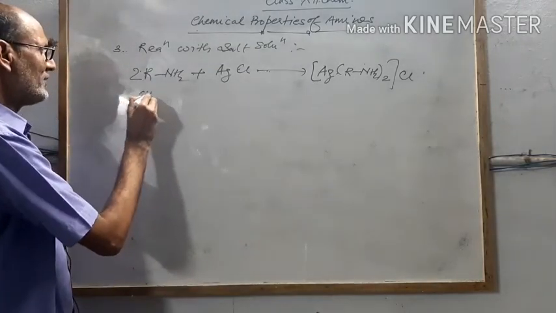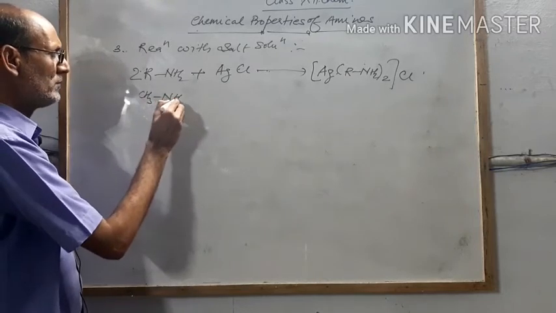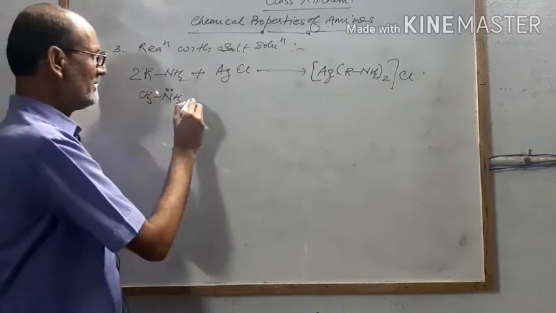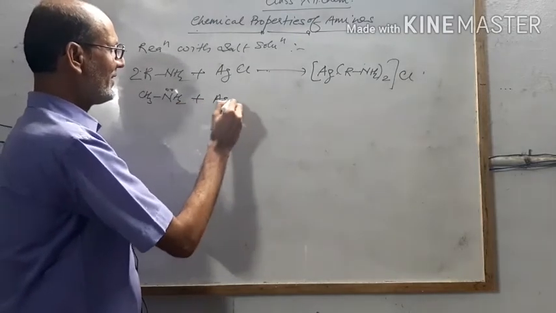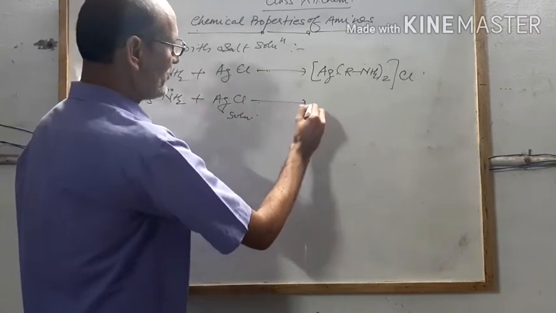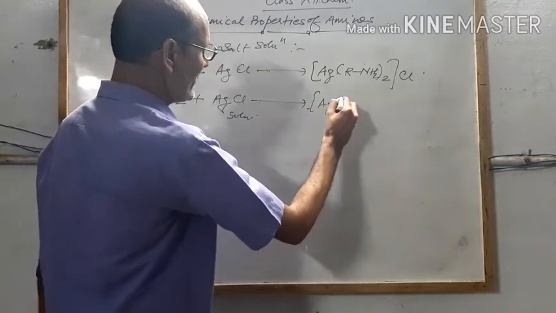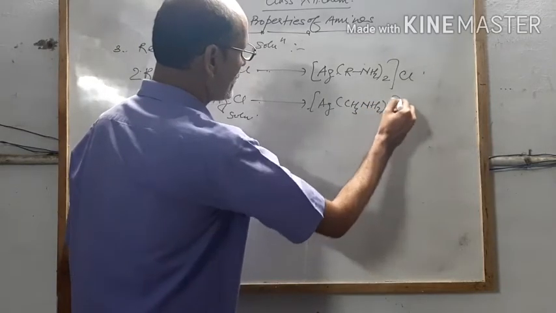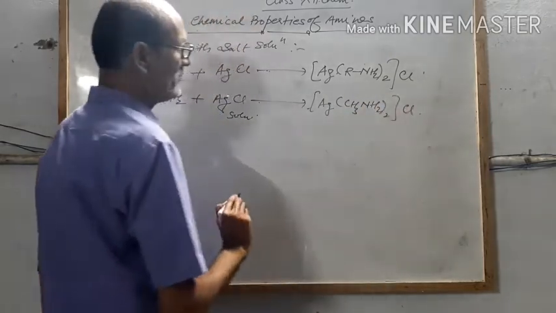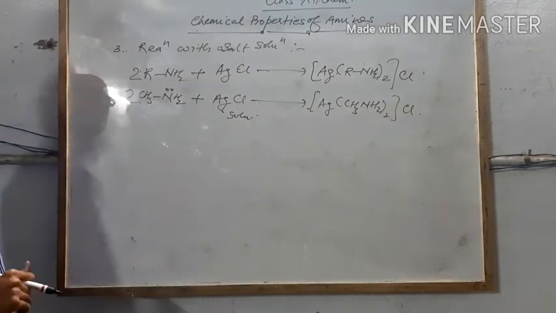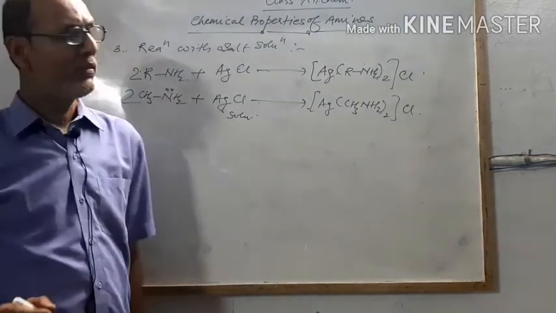Suppose you have taken CH3NH2. It contains a lone pair of electrons and reacts with AgCl solution. So you will get Ag(CH3NH2)2 Cl. On balancing we have to use 2 here. What will be the name?